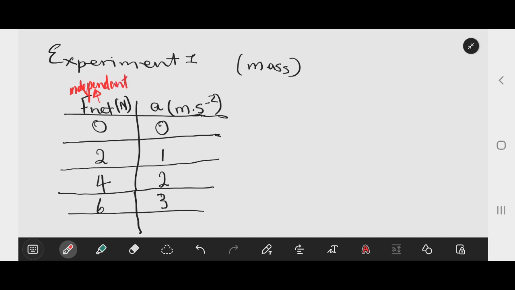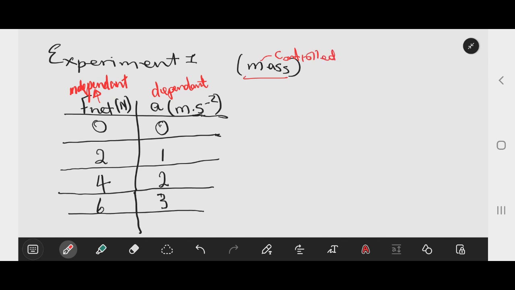Whatever depends on the independent variable, the acceleration, will change due to the change in that net force. So the acceleration is the dependent variable, and the variable that is constant, that is not changing, is the mass.